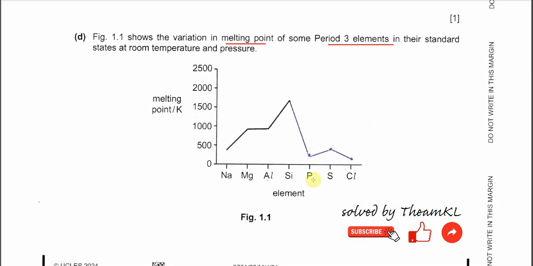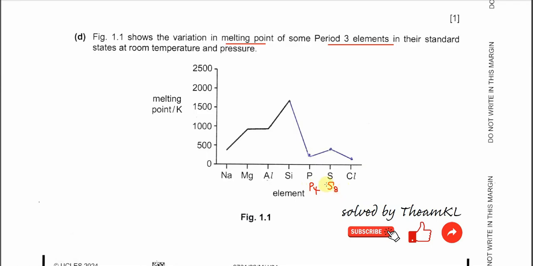Why does phosphorus have a lower melting point than sulfur? Because phosphorus has a simple molecular structure, P4, so 4 phosphorus atoms in the molecule. Sulfur is S8. In one molecule, there are 8 sulfur atoms.